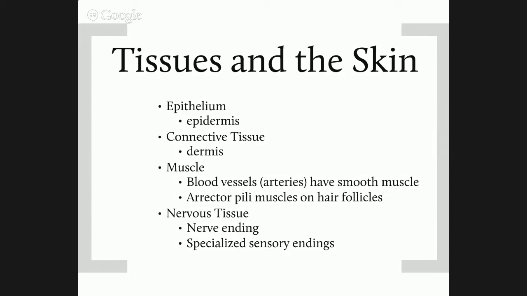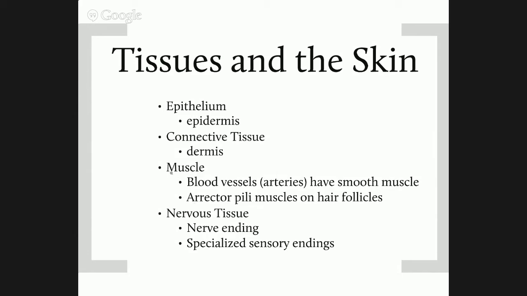And it makes up all of the layer of the skin that we call the epidermis. The rest of the skin is what we call the dermis, which is primarily connective tissue. But then within the dermis, within the connective tissue of the dermis, we also have other structures which are made up of other types of tissue.